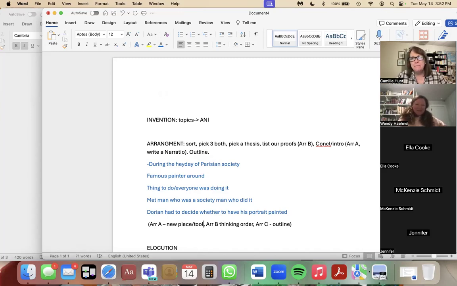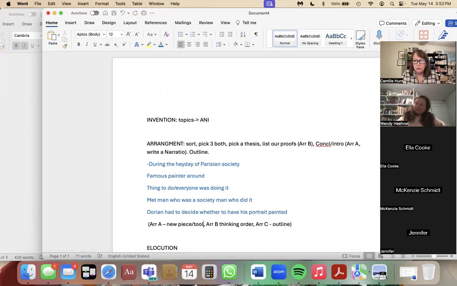I hope. But the thinking order is the preparation for the essay, and the outline is a preparation for the essay, but we can't start with the outline because the introduction goes at the top of it. The thinking order is the order in which we can think of everything that goes into the essay. So first we think with the Annie, and that gives us the body, that gives us our proofs.